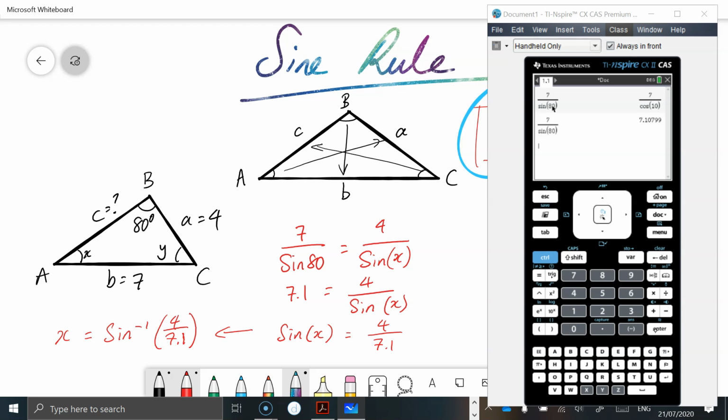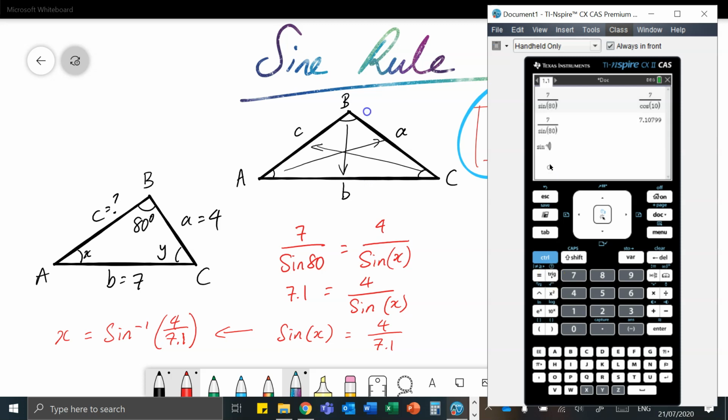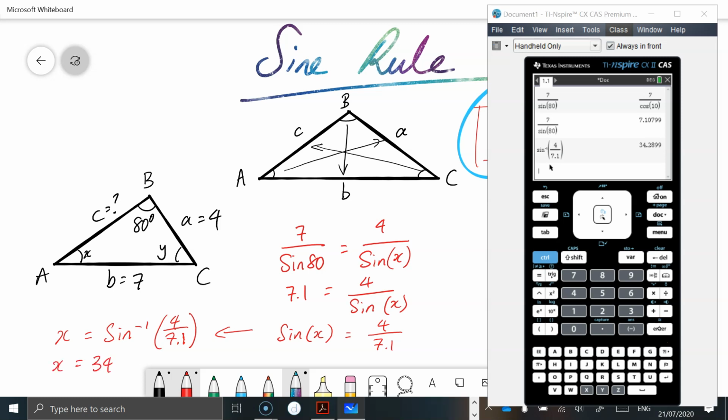Okay, so let's populate that into our calculator again. So the inverse sine of 4 divided by 7.1, close brackets, is equal to 34 degrees. Okay, so x is equal to 34 degrees.